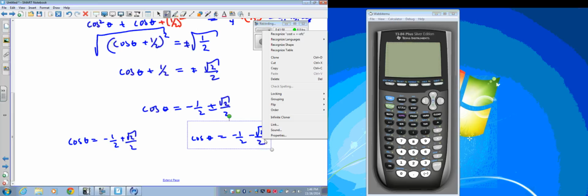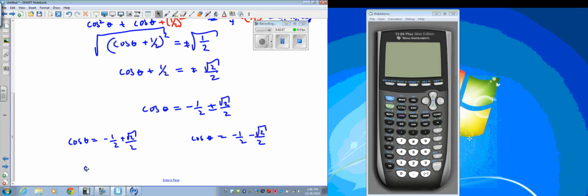Nearest tenth as appropriate. So this is going to have to use your calculator to get it. Theta is equal to cosine inverse of minus 1 plus the square root of 2, all over 2.